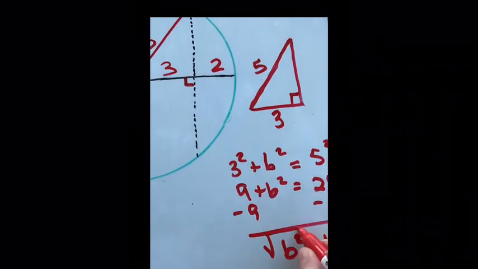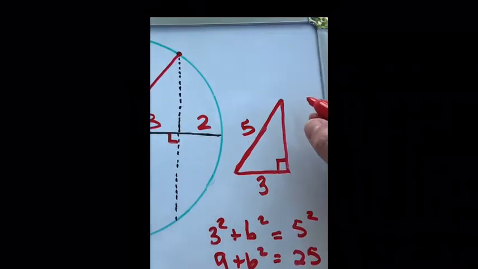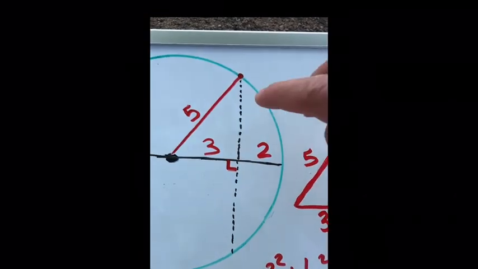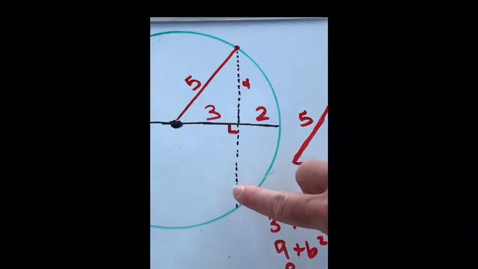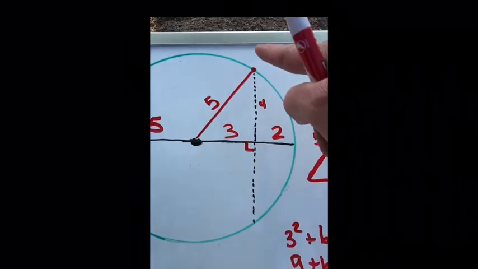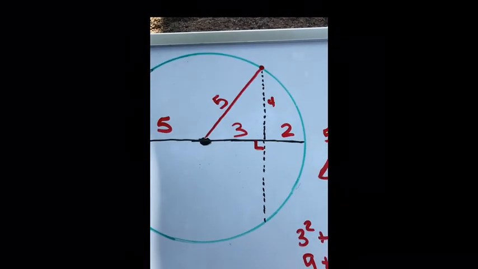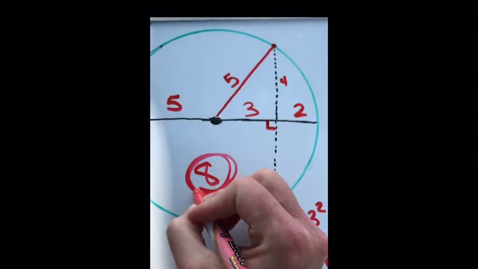We undo the square, and b is equal to 4. That makes this 4 and this 4. To find the whole thing, we just double that, and the length of this dotted segment is 8. Excellent, and there's our answer.